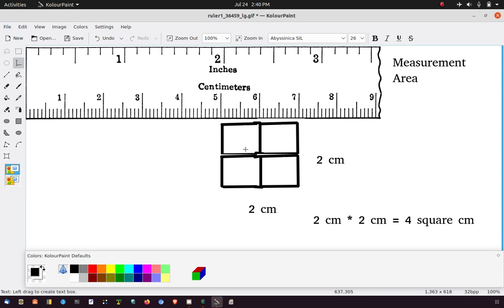In other words, 2 centimeters high by 2 centimeters wide. 2 multiplied by 2 gives me 4 centimeters squared. So the 4 centimeter squares are 1, 2, 3, 4. You see that? So that is the area of this shape which I have: 4 centimeters squared.